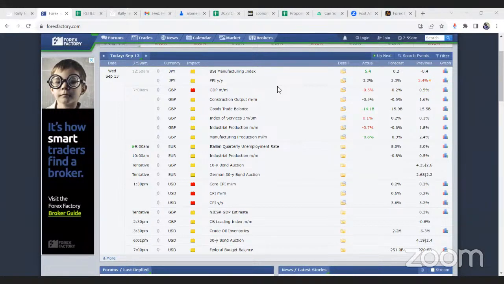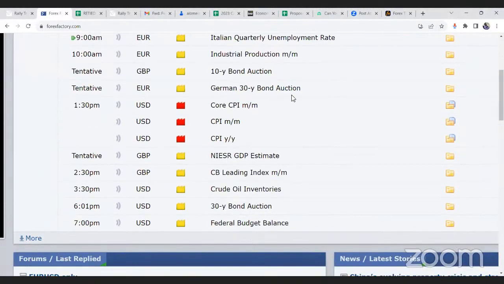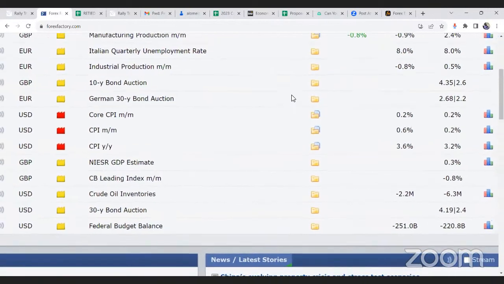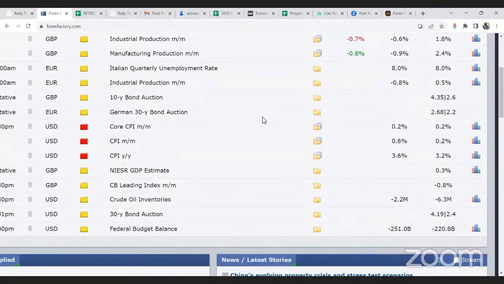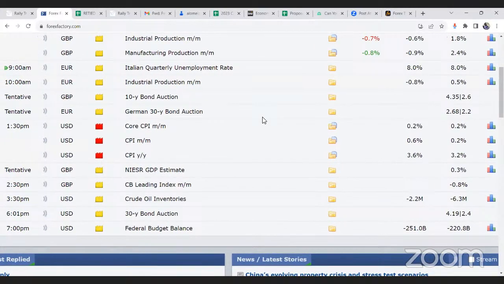Okay, so I have shared on my screen the high impact data that we have for today. I've tried to zoom in so that we can see what I am talking about here. If you check on your screen right now, you have three particular data that are marked with a red folder.